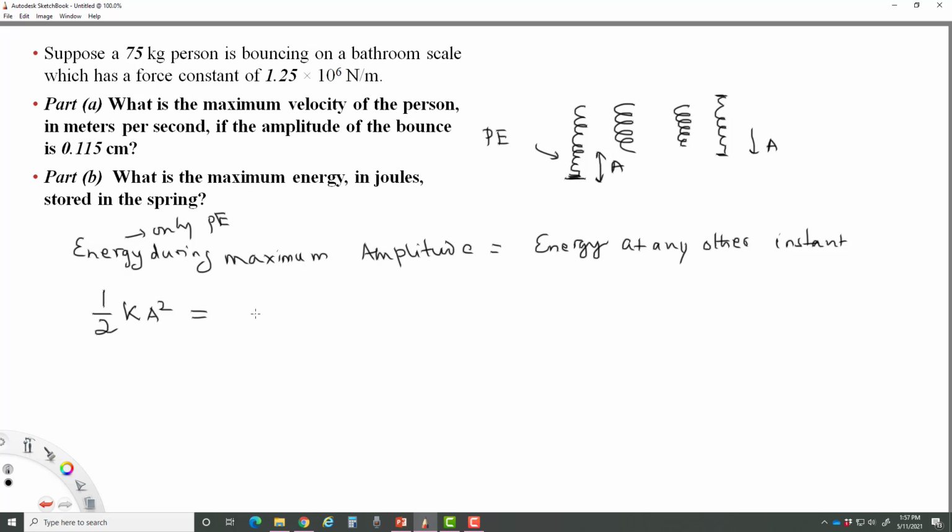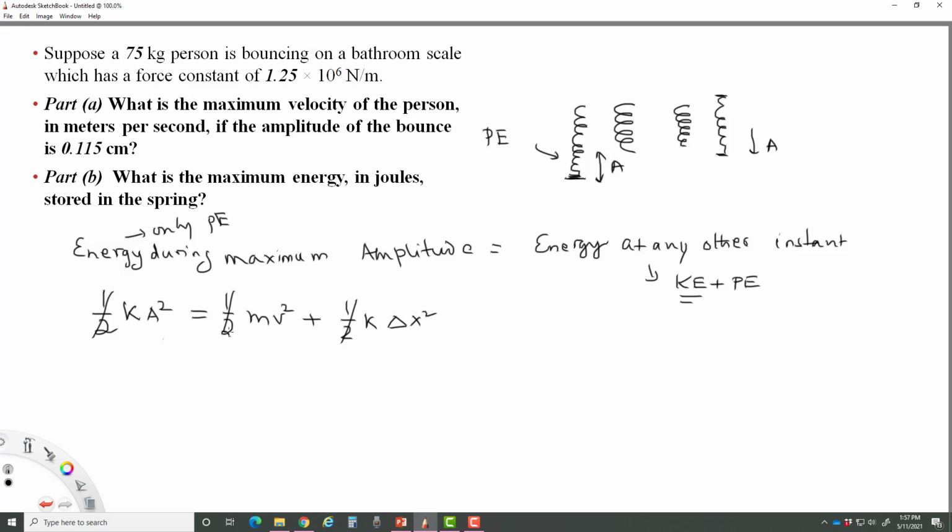And at other instances, it's the combination of kinetic energy and potential energy. Okay. Now kinetic energy is 1/2 mv squared, and potential energy is 1/2 k delta x squared. Okay. So we can cancel half and half.